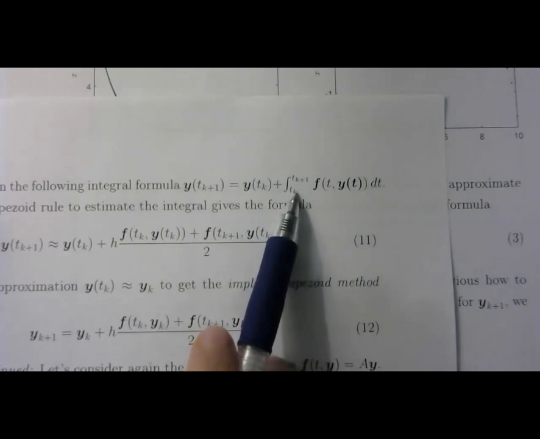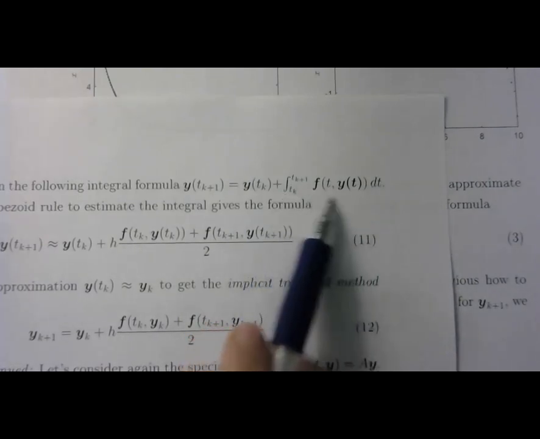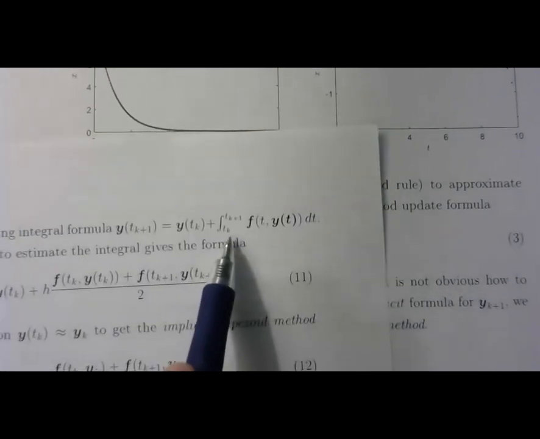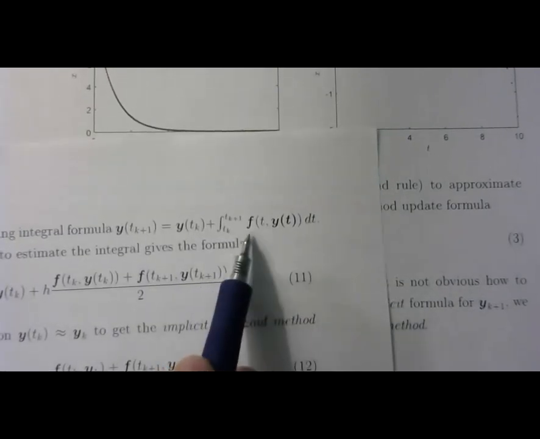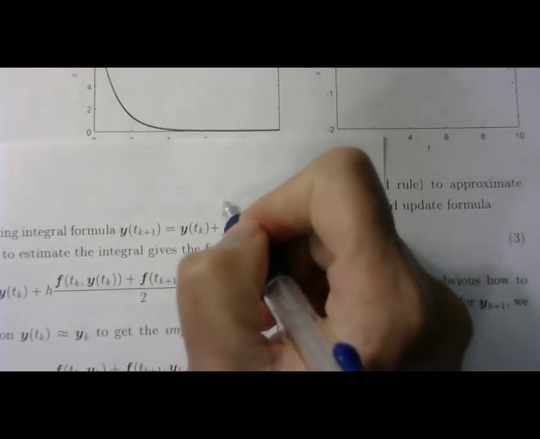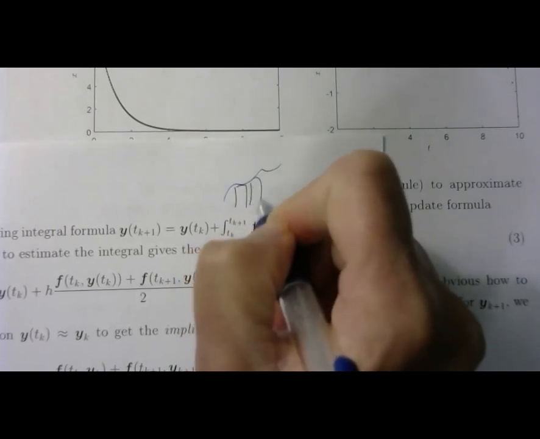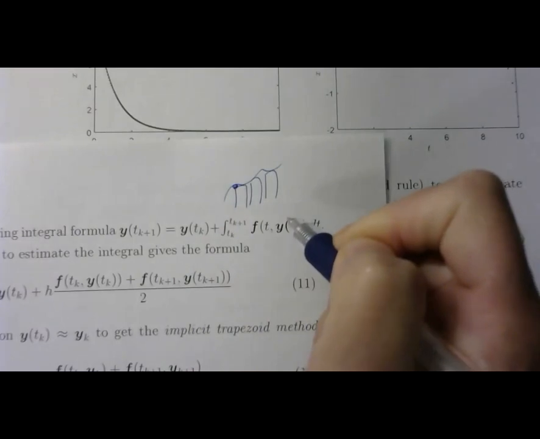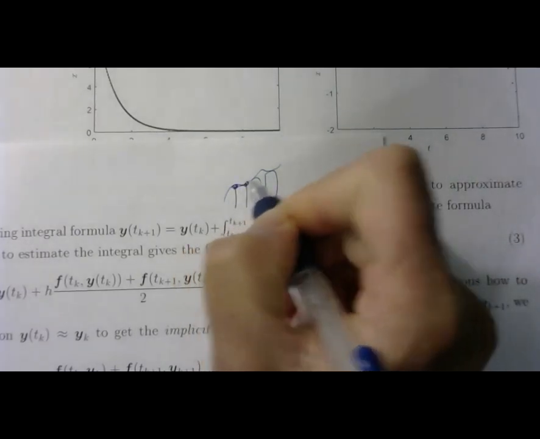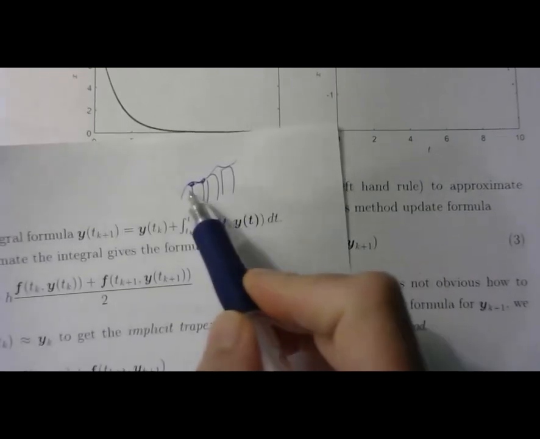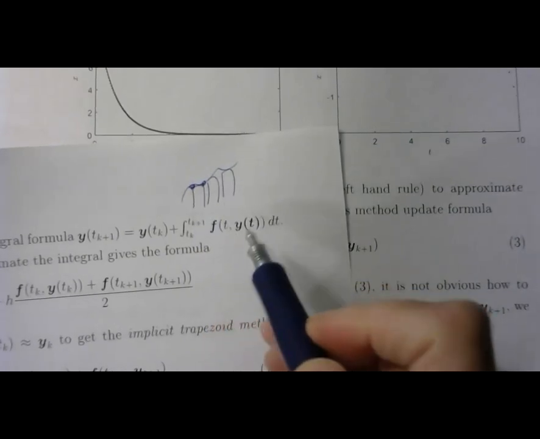So for the forward methods, we're doing an approximation where, if we were trying to approximate the area under a curve, we discretize the area into a bunch of rectangles. So it looks like this. We have rectangles. We say, what's the height of the rectangle? Do I take the height as the functional value on the left-hand side or the right-hand side? For all the forward methods, we've been doing left-hand side, this kind of smaller number, if this is an increasing function.